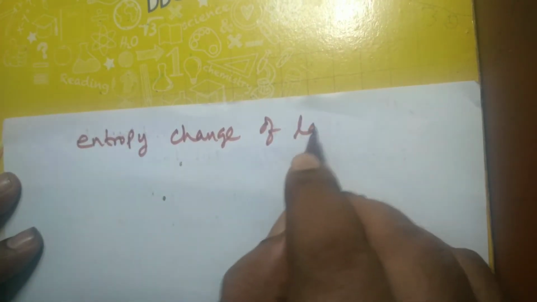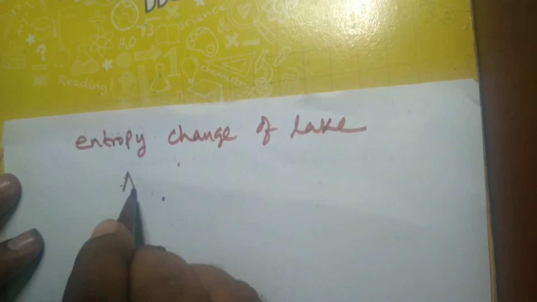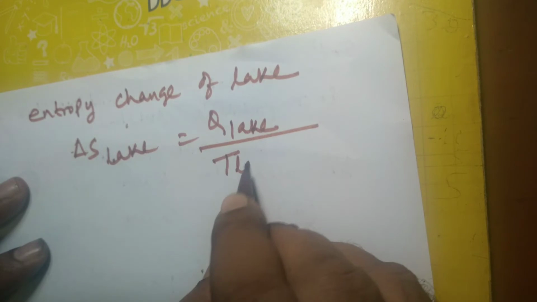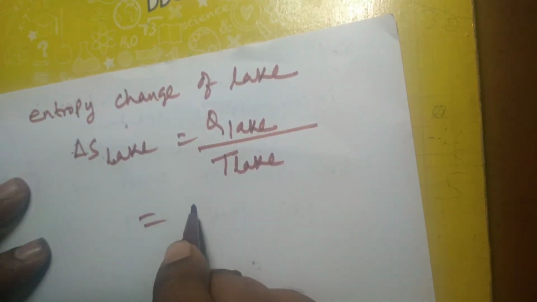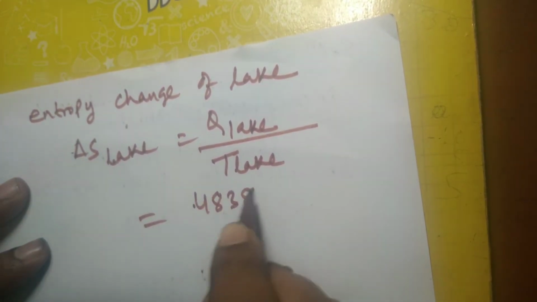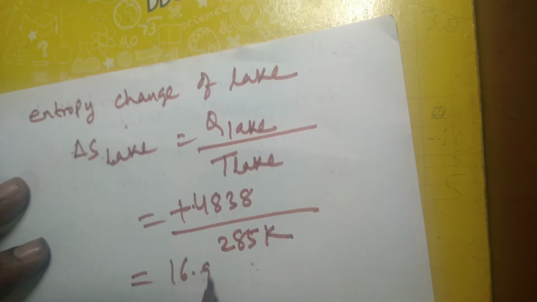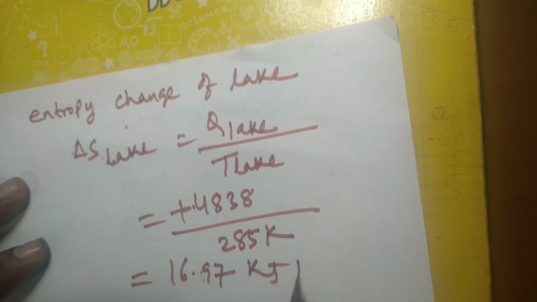So in this case, the entropy change of the lake will be positive, because heat is going towards the lake. That is Q lake, whatever heat is going towards the lake, divided by the temperature of the lake, that is 4858 over 285, and since heat is going towards the lake, this is plus 16.97 kilojoule per Kelvin.